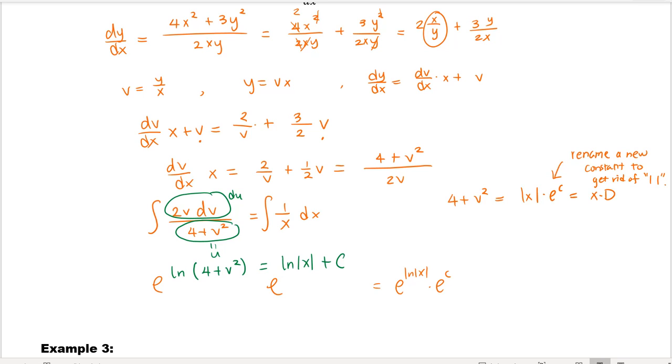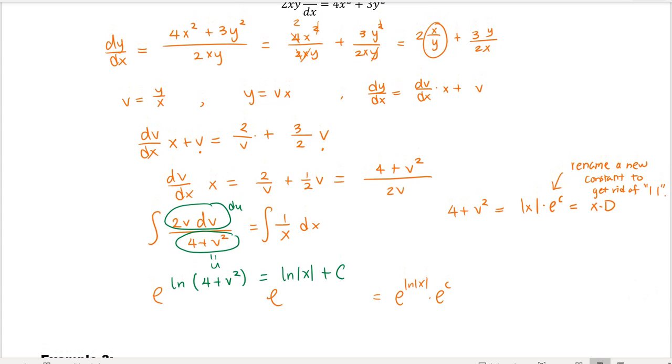Okay, now what is v? v is y over x. So 4 plus y squared over x squared equals x times d. If you don't like to see fractions, you can multiply both sides by x squared.